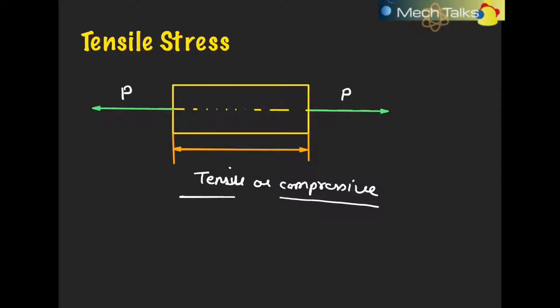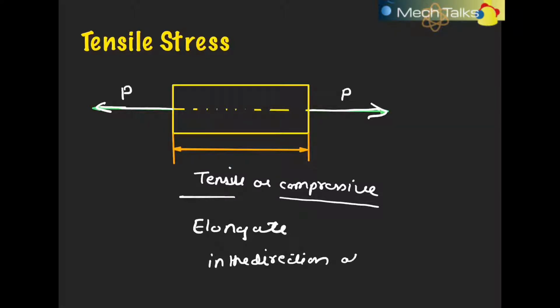When we apply a load along the axis, let's say this load is P, and this load tries to elongate the material, or increase the length of the material in the direction of load, then the stress developed inside the material is called tensile stress.